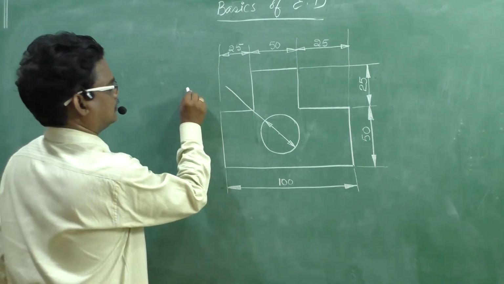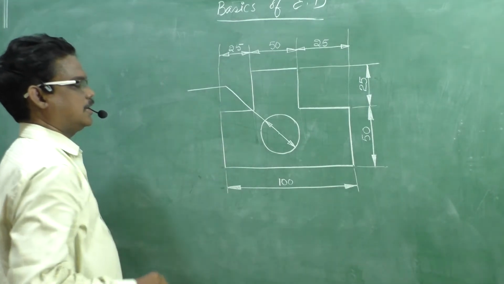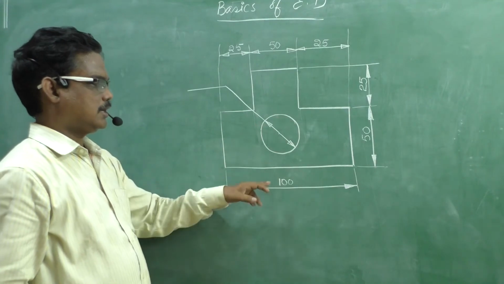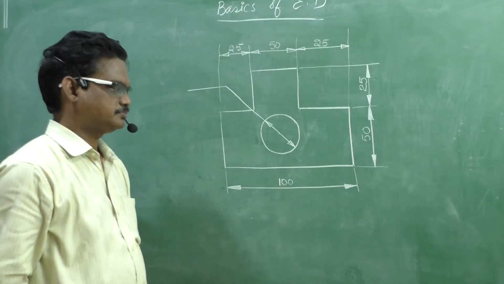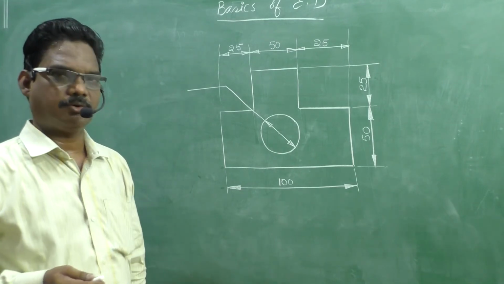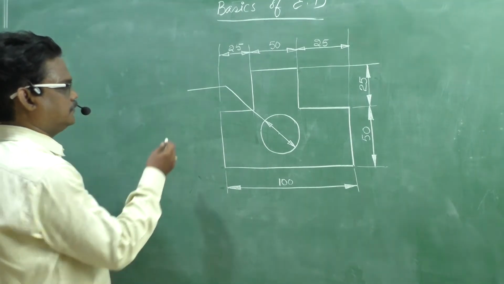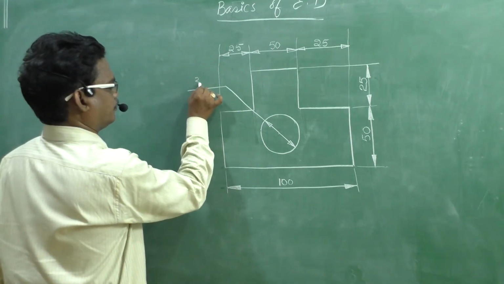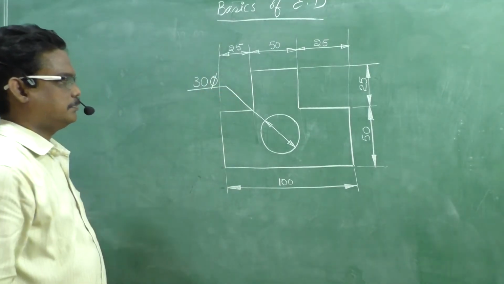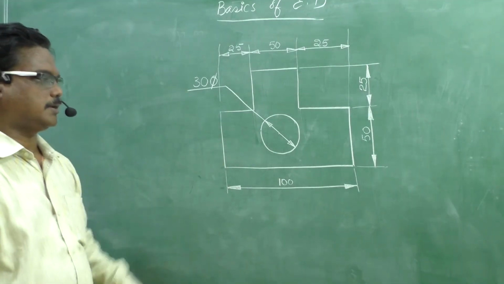After that, draw a line like this. And here, the diameter, let it be 30 mm. Diameter is 30 mm. Generally, diameter in engineering drawing is represented with phi. Therefore, 30 phi. That means it indicates the diameter of this circle is 30 phi.